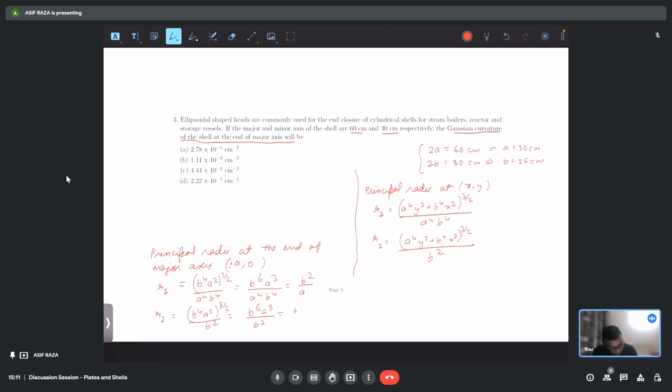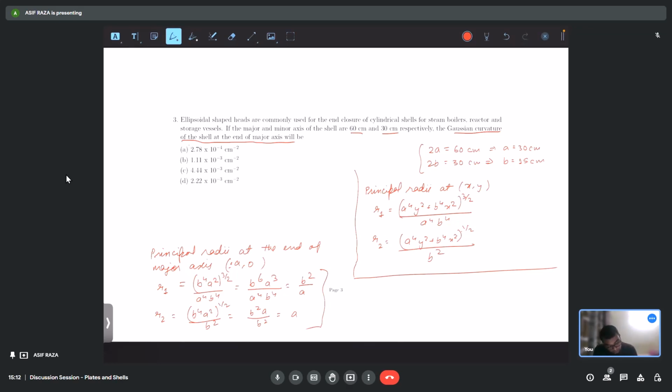Okay, so I made a mistake here. This is not 3 by 2, this is 1 by 2. So this gives me b square a upon b square, so r2 is a. Now we have the principal radii at the end of the major axis.